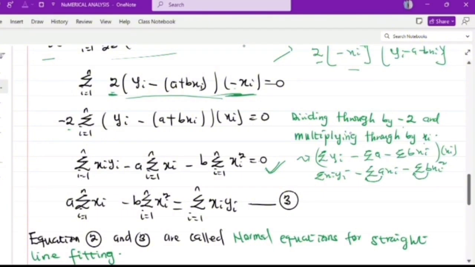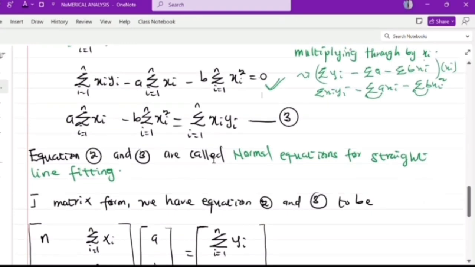Okay, so here too, when you make the summation of xi yi the subject, you are going to end up getting equation 3.